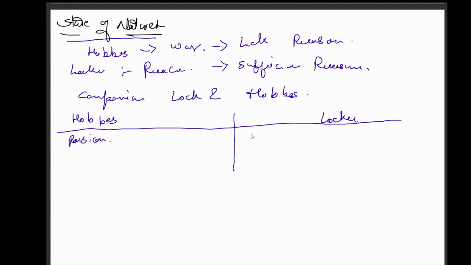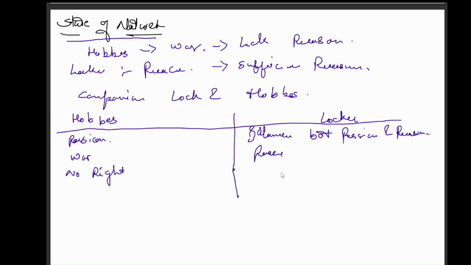He lacks reason, but in Locke both passion and reason are in balance. For Hobbes the state of nature is a state of war, and for Locke it is a state of peace. Hobbes considered that there is no right in the state of nature, but in Locke there is natural right which will be respected by all.